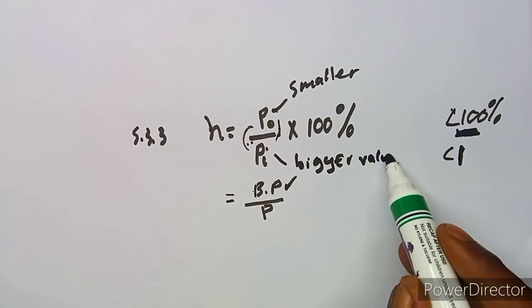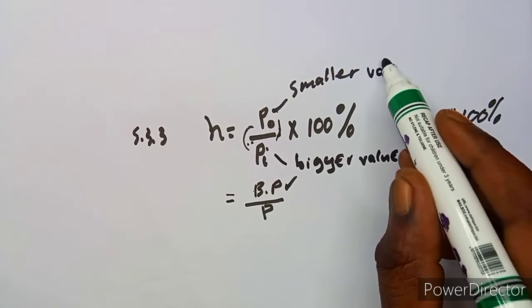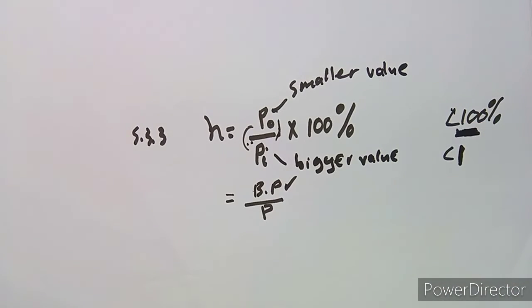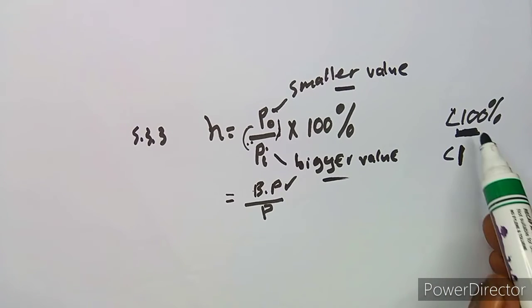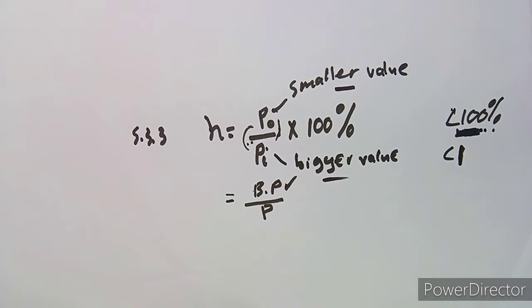That is how you can cheat this question in an exam, because maybe you forgot the formulas. Know that the smaller value is supposed to be on top, the bigger value on the bottom, for you to have a percentage that is less than 100%.